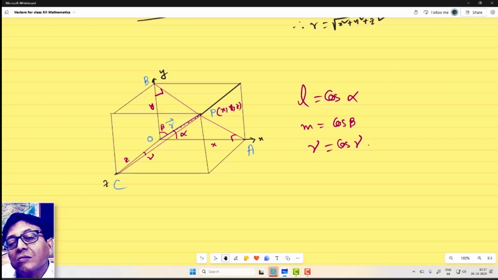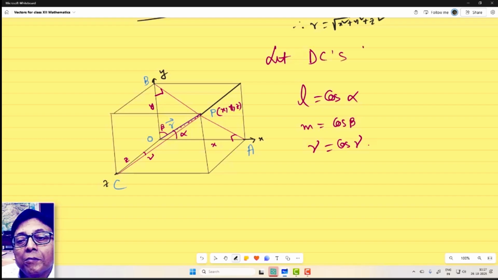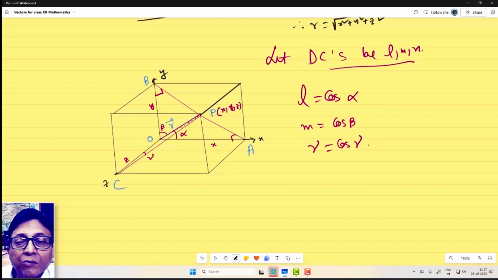What are those? Those are the cosines of the angles made by the vector with the x, y and z axes. These are called direction cosines. Let these be l, m, n. These are the cosines of the angles made by a vector with the x, y and z axes.